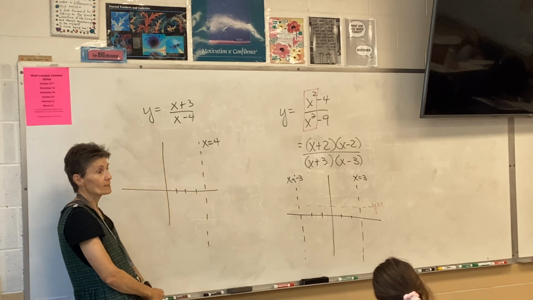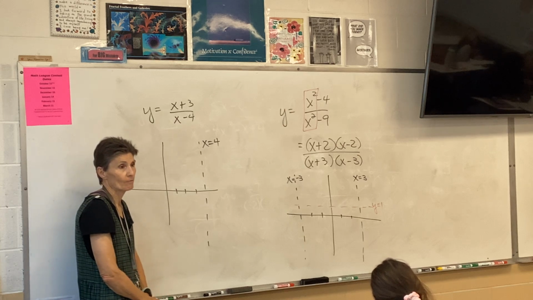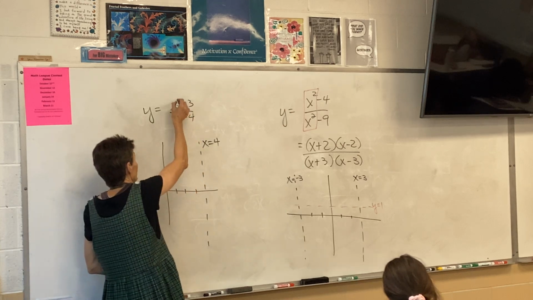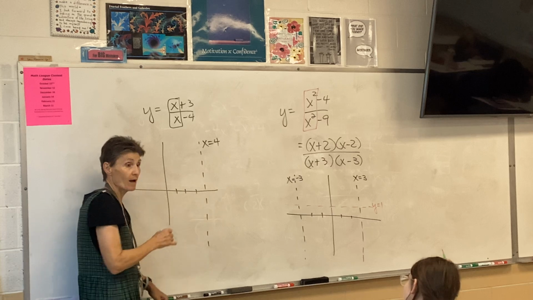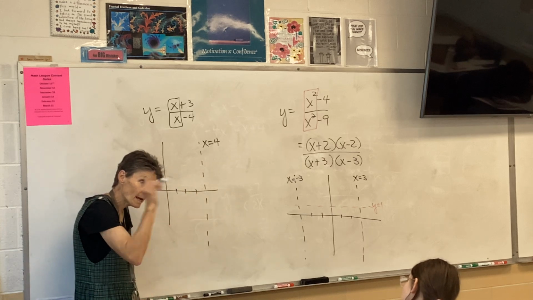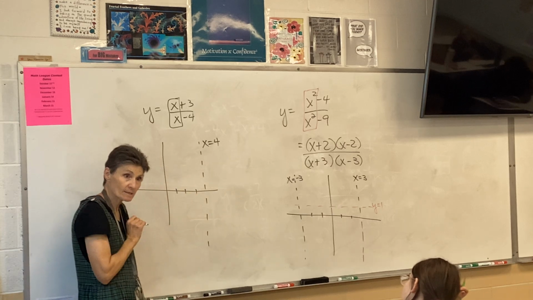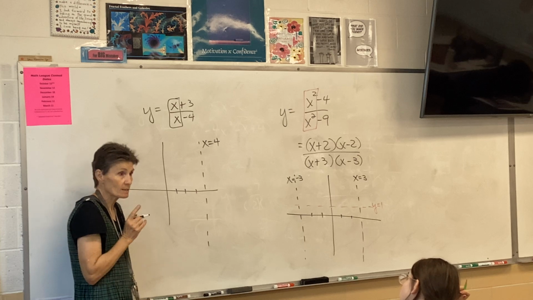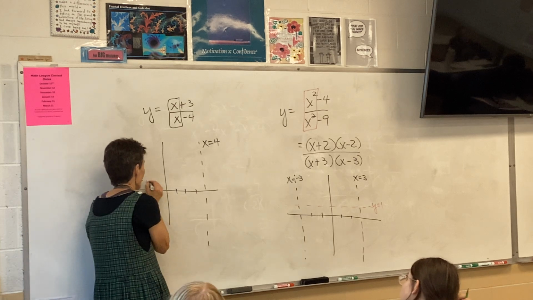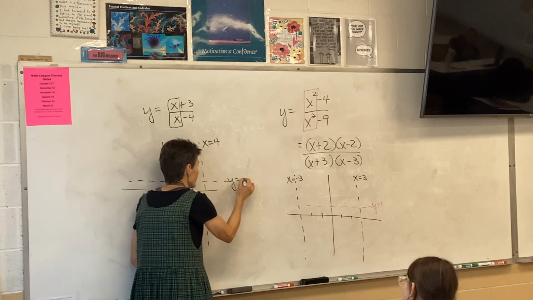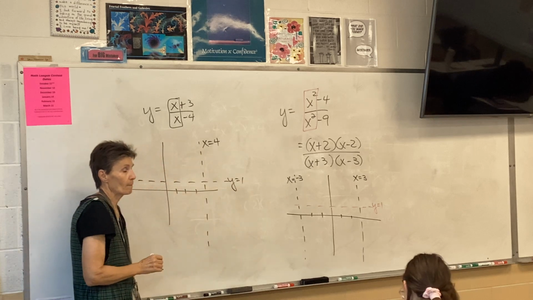Where does my horizontal asymptote come from? So looking at the x's, and this time I have 1x over 1x, which is 1. So my horizontal asymptote is at 1.